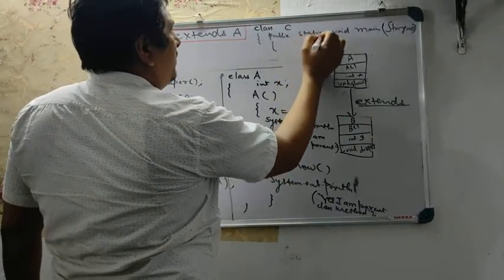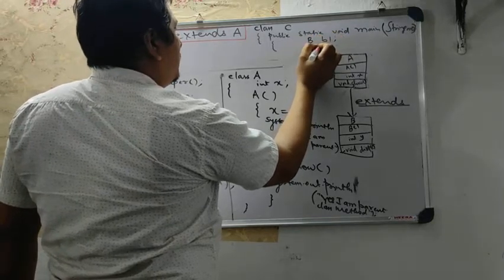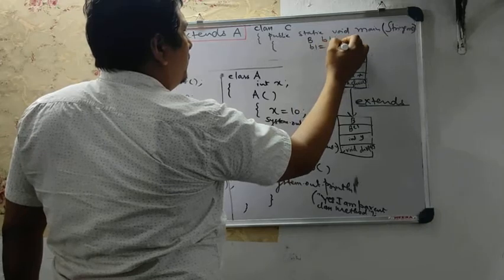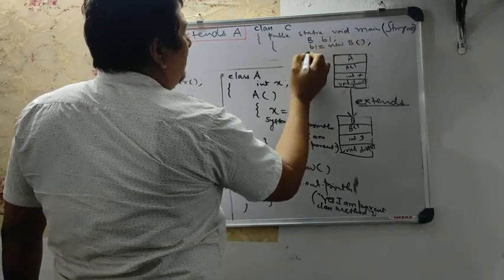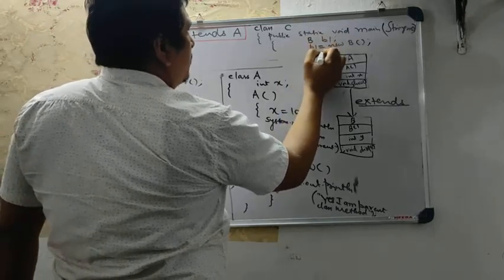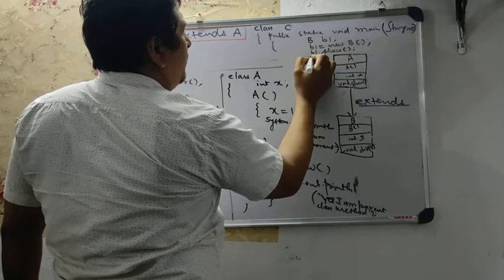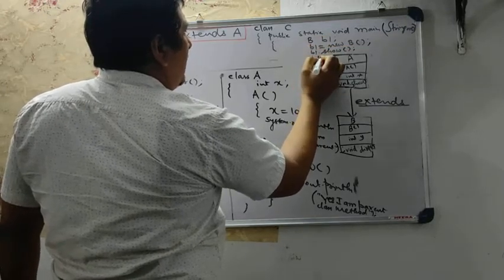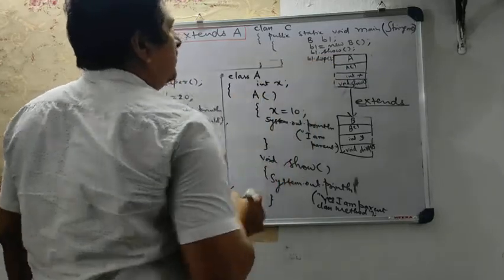So B1 equals new B, and then B1.disp, and that's all.